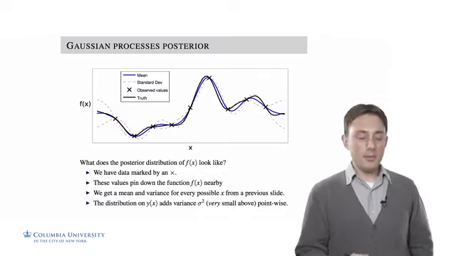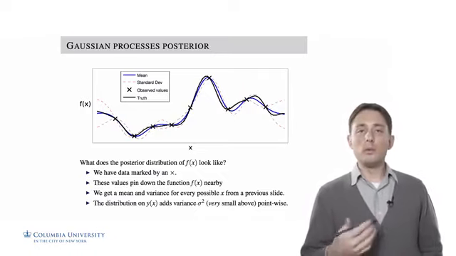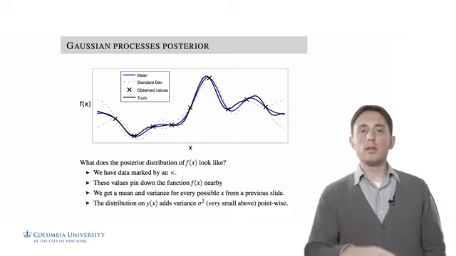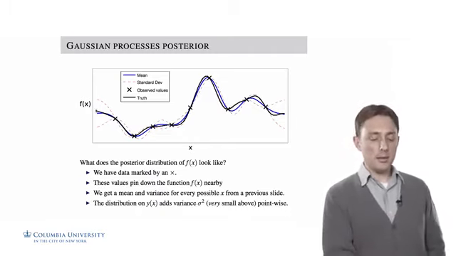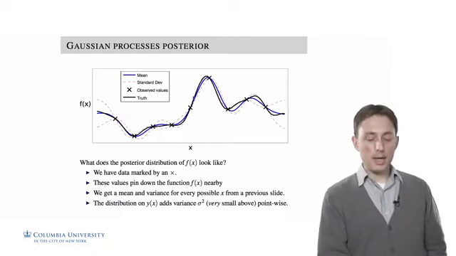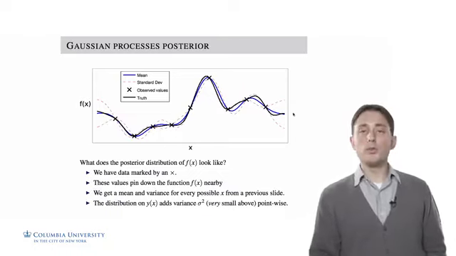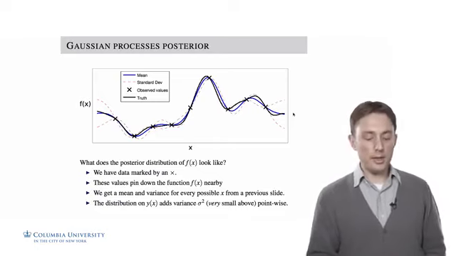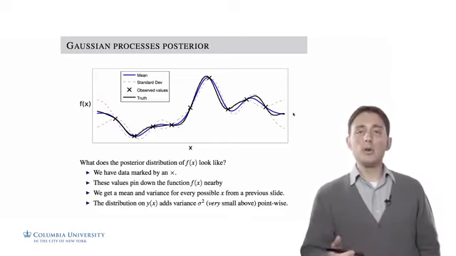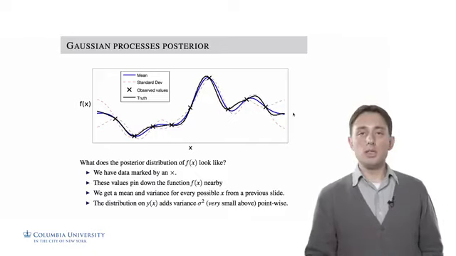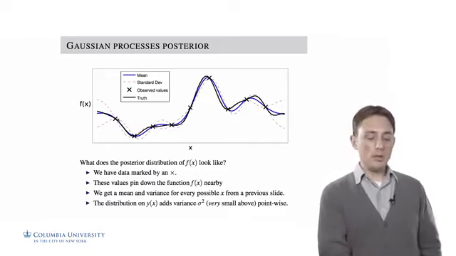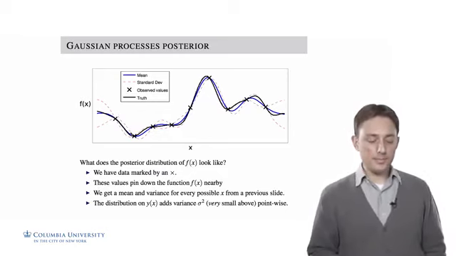Let's look at a toy example of what we would learn, the posterior of this. I took a Gaussian process. I randomly generated one. That's the black line. This is the ground truth function that I generated using the same procedure from the previous slide. I set the noise variance sigma squared to be extremely small, almost 0, so that the samples we would get would be very close to this Gaussian process.